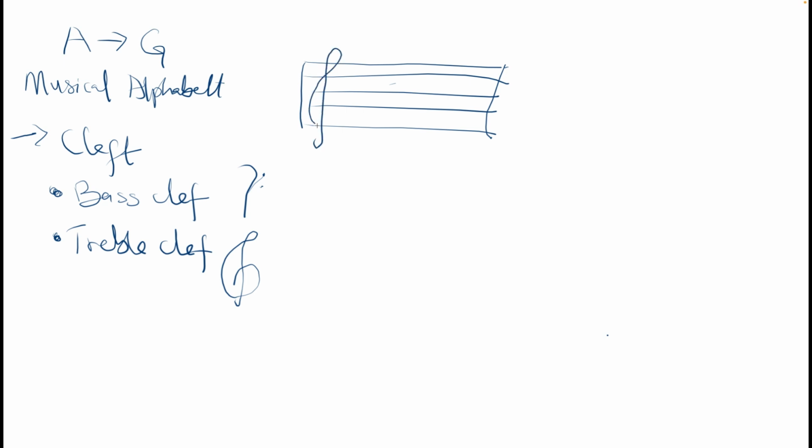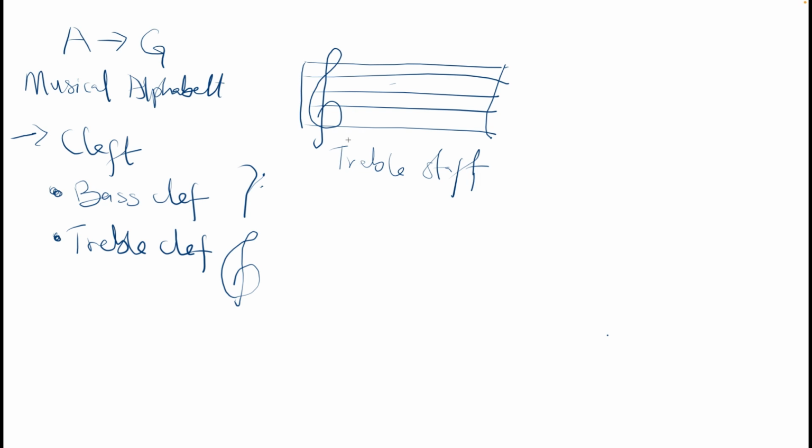Like this, we'll call this one the G or treble staff, based on the notes on it. So if we position the bass clef, it will be the bass staff.